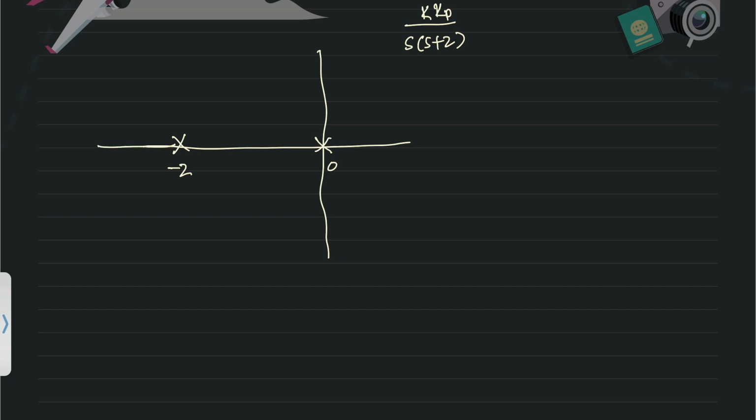What will be the root locus of the system? It will come like this and it will go like this. If you increase the value of K, it will go towards this and towards this. So here there is no stability issue.